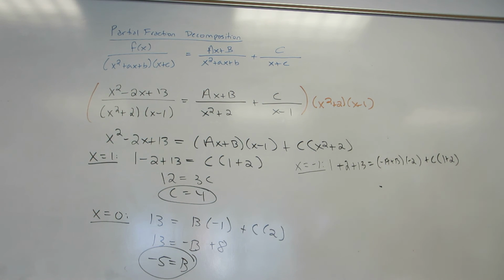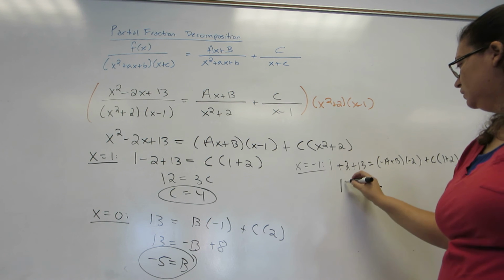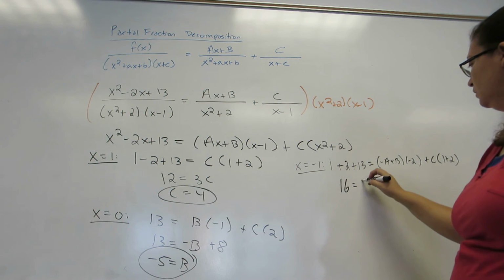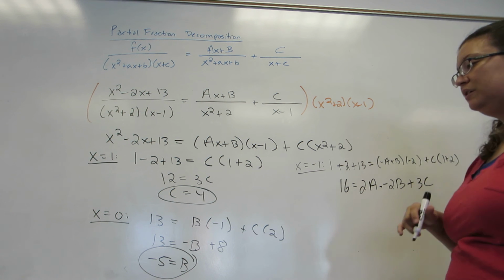Okay. Be careful with the negative signs and make sure that you do your powers and parentheses appropriately. So this is 16 equals 2A minus 2B plus 3C.